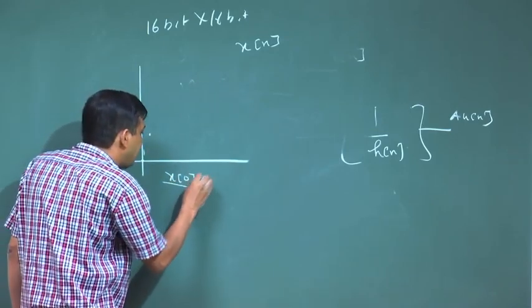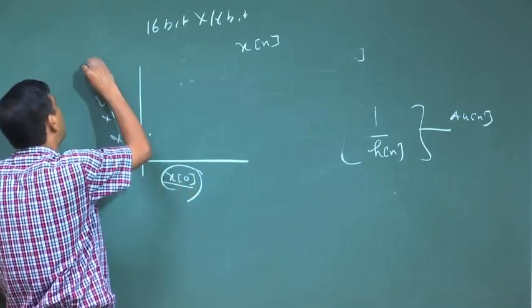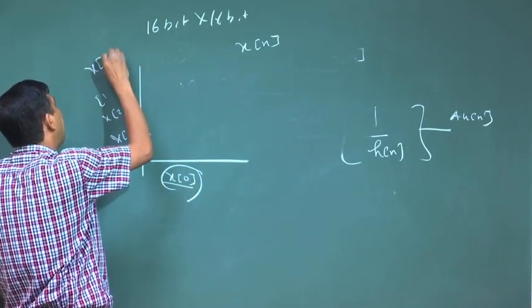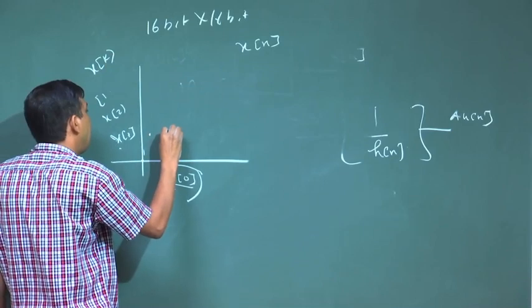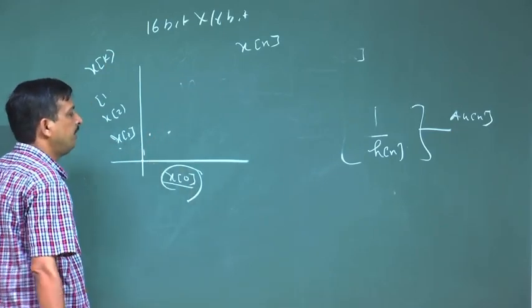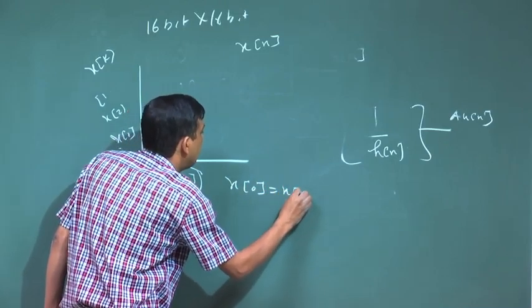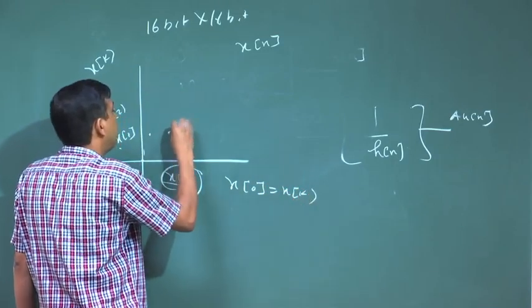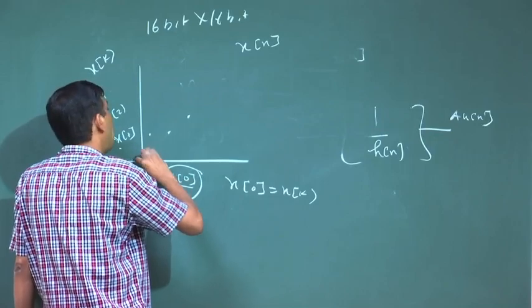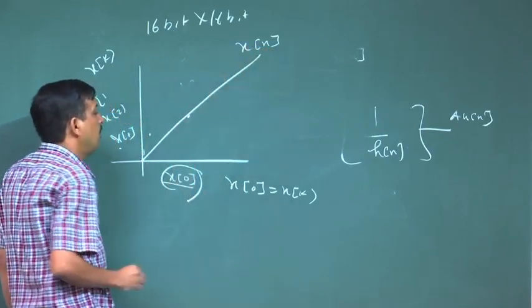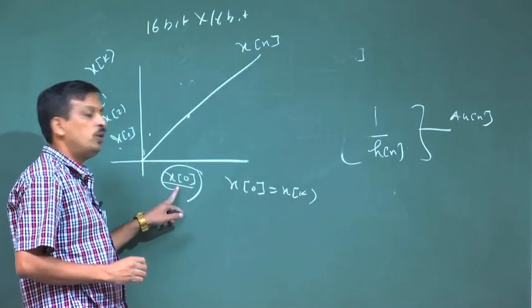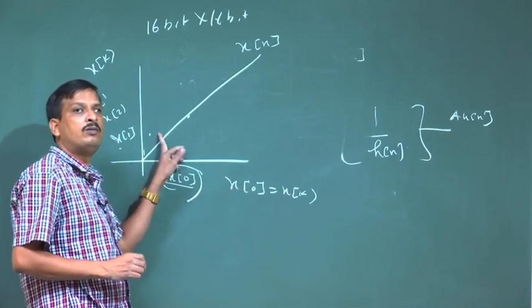If this sample is exactly matched with another sample, let us say xk, then I get a point in here, x0 equal to xk, then I get a point in here. So, along the 45-degree line, all x0 which match with xk will lie.